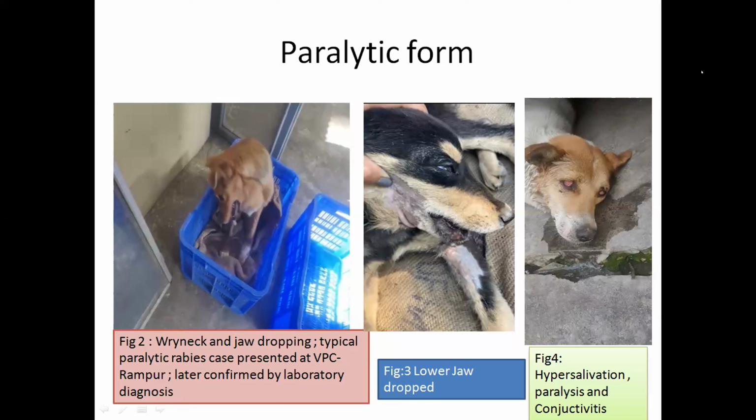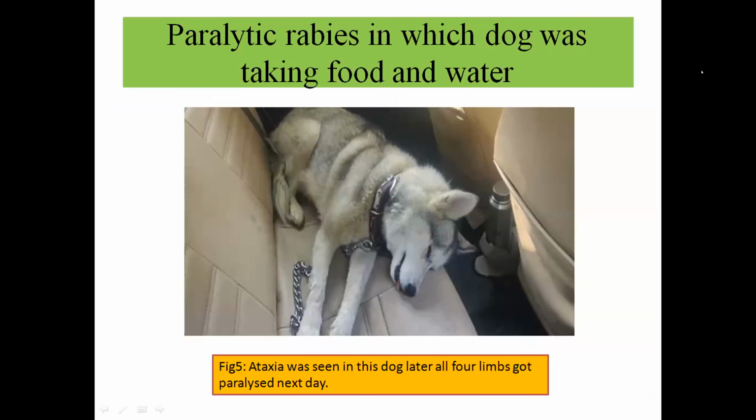And in the middle dog, the black one, you can see lower jaw dropping is there. And figure 4, hypersalivation. All this liquid you can see in the picture is saliva. And hypersalivation, all 4 limbs paralyzed, and even conjunctivitis. And this conjunctivitis usually develops as a sequel of meningitis in the dog. This is a very typical case of paralytic rabies in which dogs were taking food as well as water.